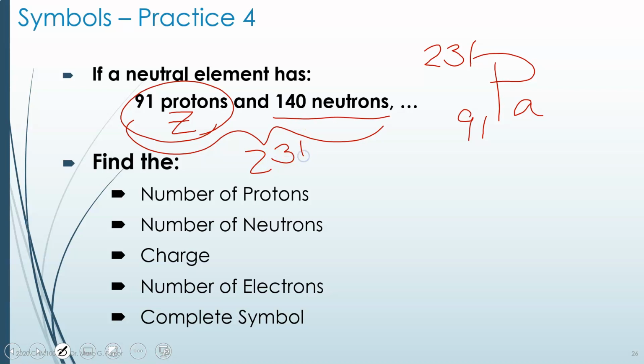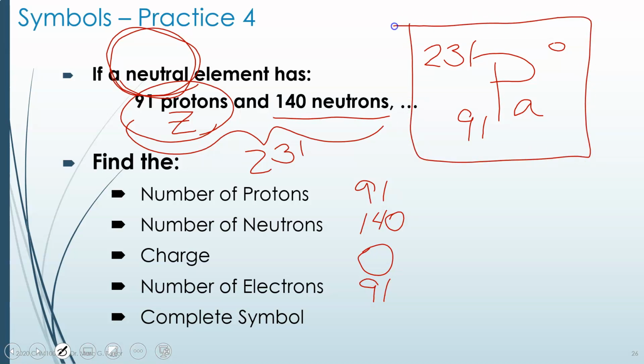So now we know this is 91. We're told this is 140. We're not told a charge specifically, but it says right here it's neutral. So we know that's 0. So the charge is 0. And whenever the charge is 0, the protons and electrons must be the same. So that's 91. And the complete symbol is here. And you don't really need to put the 0 in, but you can.